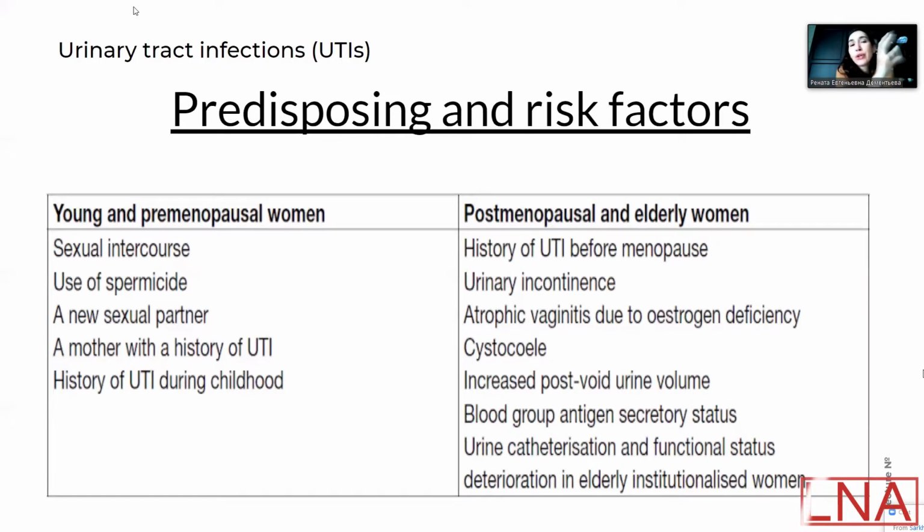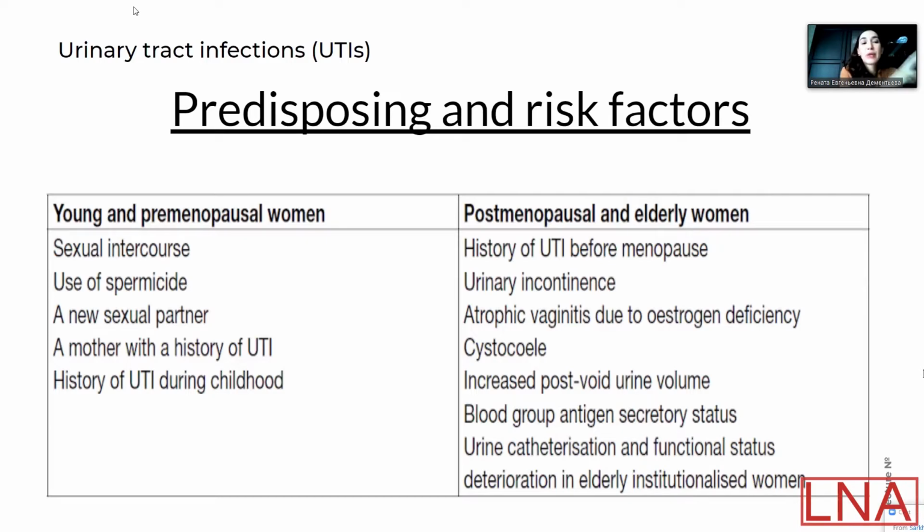It shows you that there is some anatomical problem, some anatomical disturbance, which leads to aggravation of inflammation in the lower part of the urinary tract and leads by an ascending way to pyelonephritis.